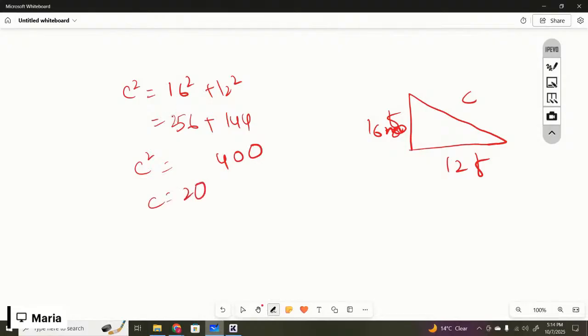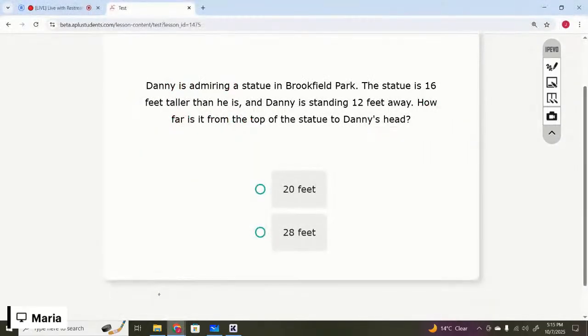The correct option is 20. So the correct option is 20. Option number 1 is the correct option.